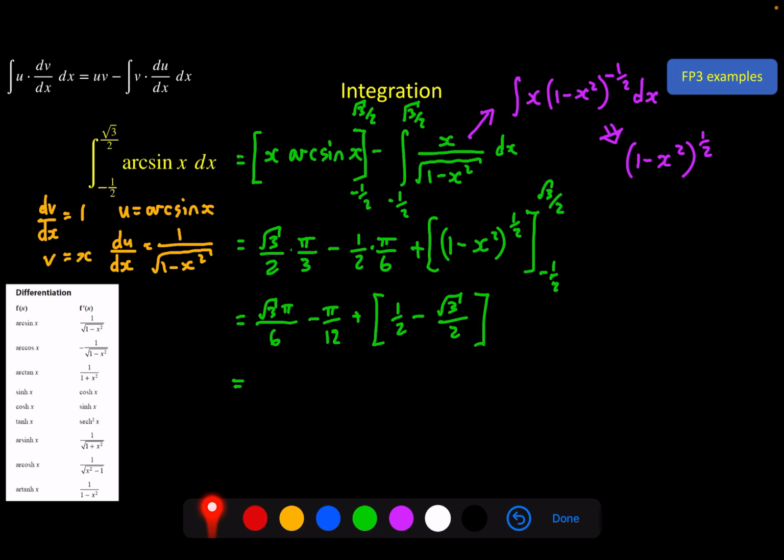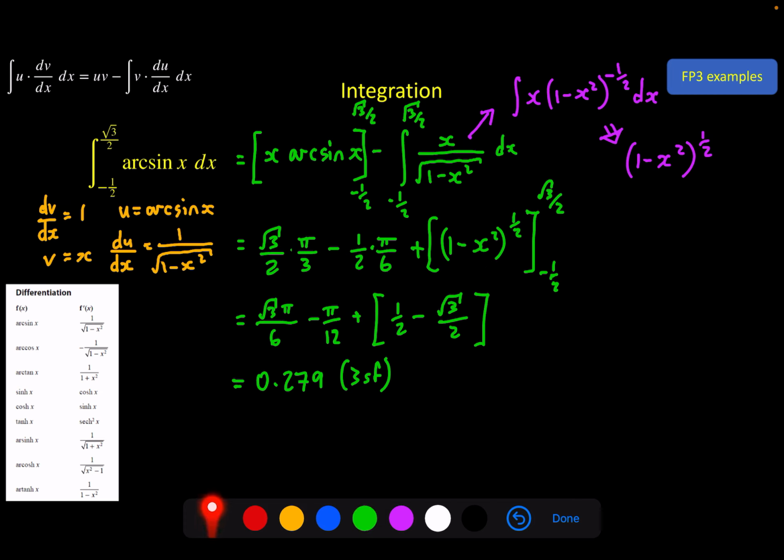So this is exact, but if you put all of that on your calculator, you would get the answer 0.279 to 3 significant figures. And depending on what the question wanted, you could put it exact or you could put it into decimal form.